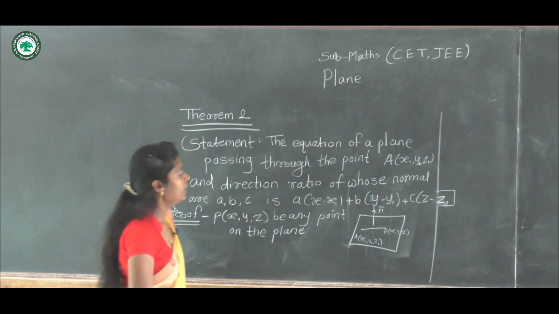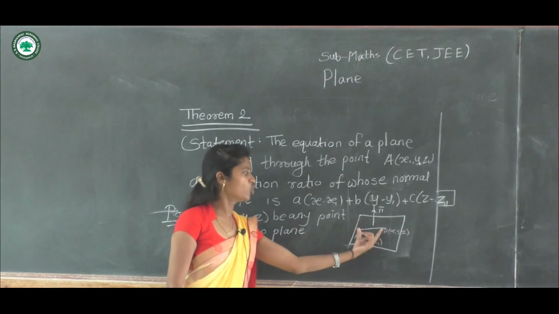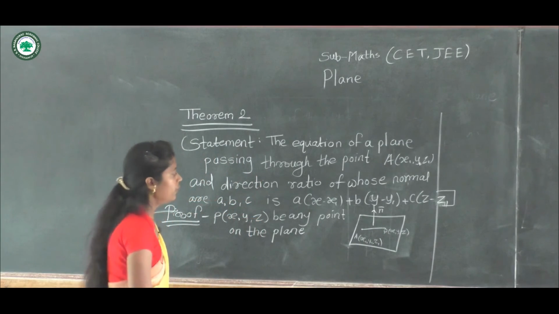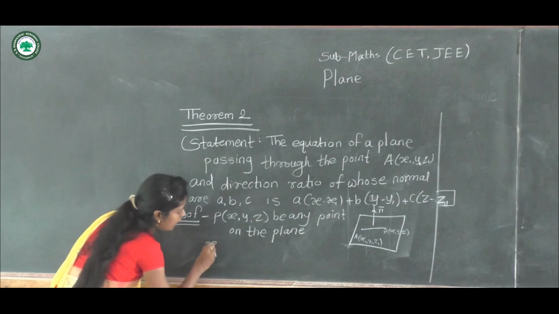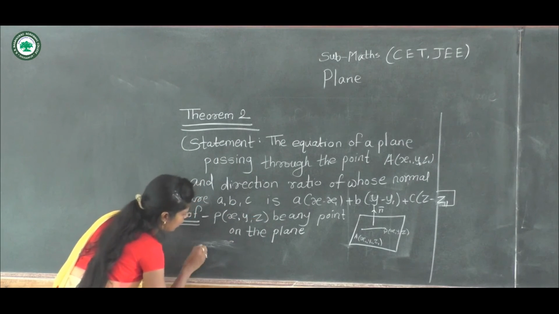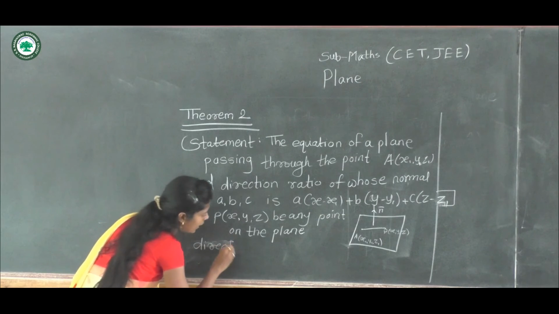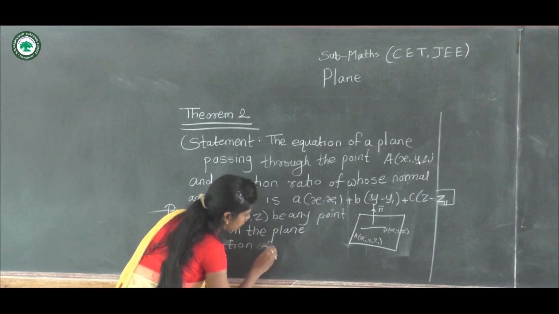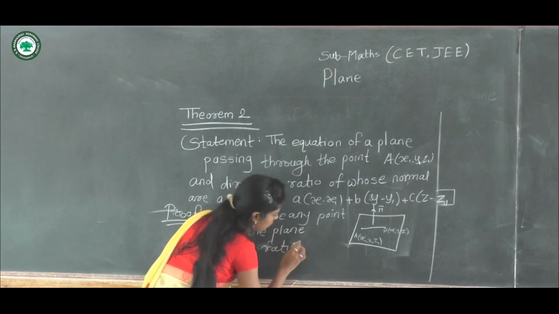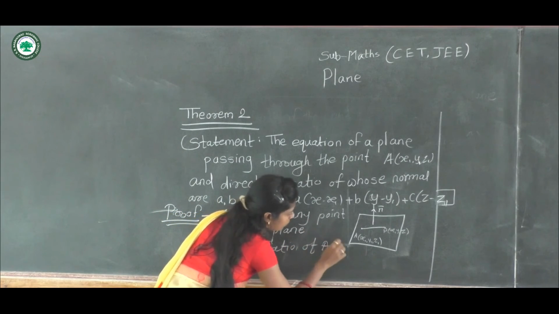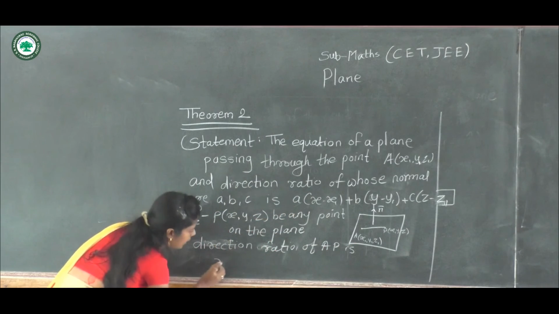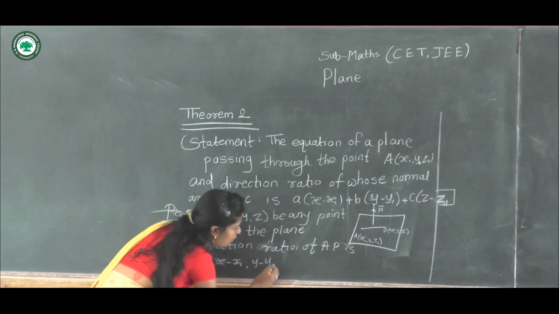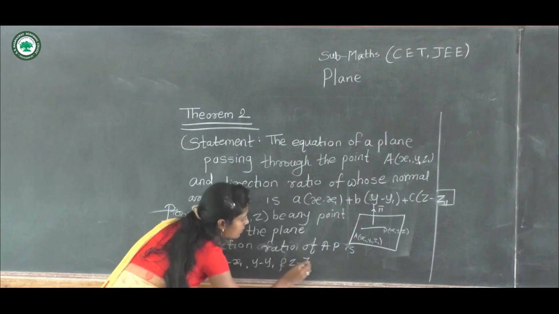And we know that if A and P are joined, two points on this line, we can write the direction ratio of AP is x minus x1, y minus y1 and z minus z1.